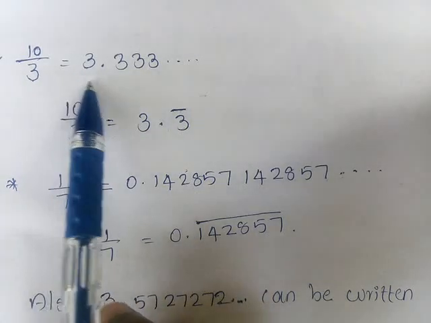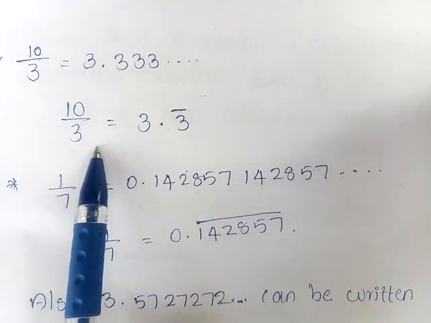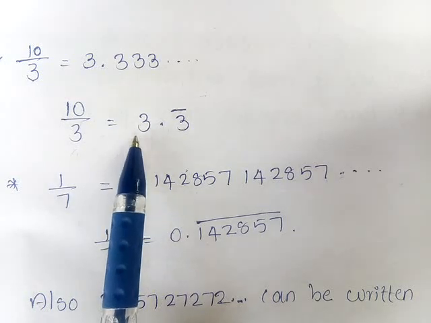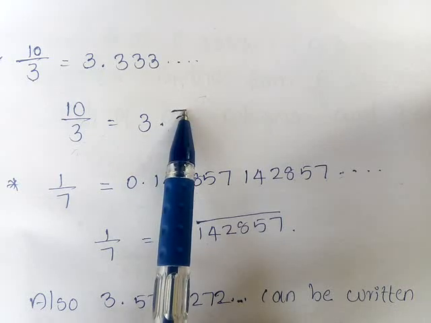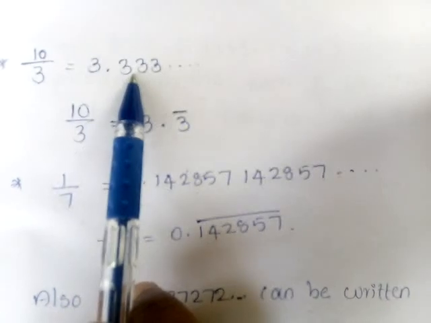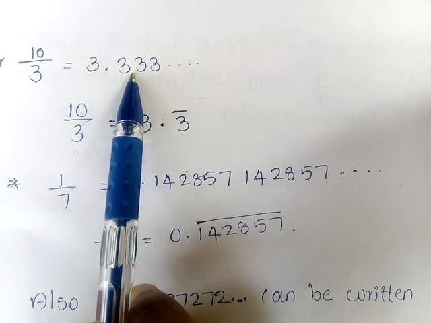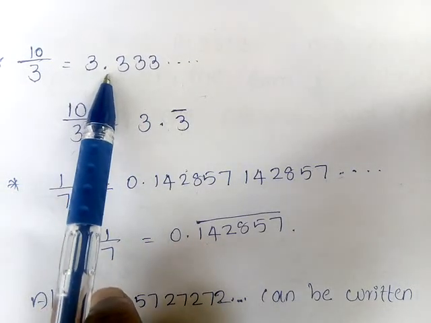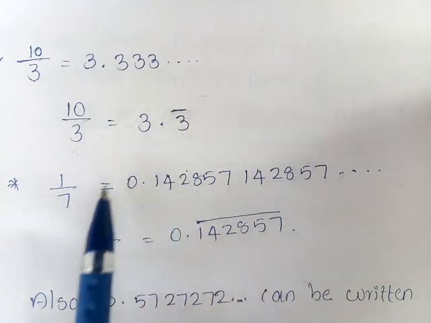We have 10 by 3 is equal to 3.333 etc. The usual way of showing 10 by 3 is 3.3 with one line, called a bar, above the 3. Here the digit 3 is repeating. So instead of writing the repeating digit, we will write one bar over the repeating digit. That is, instead of 3.333 etc., we will write 3.3 bar.